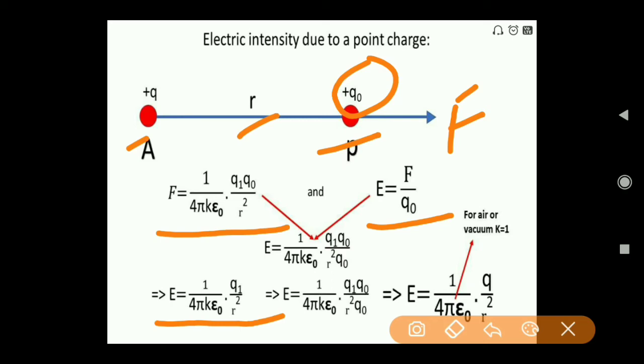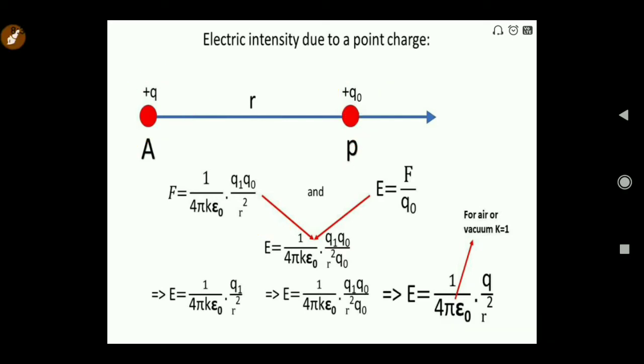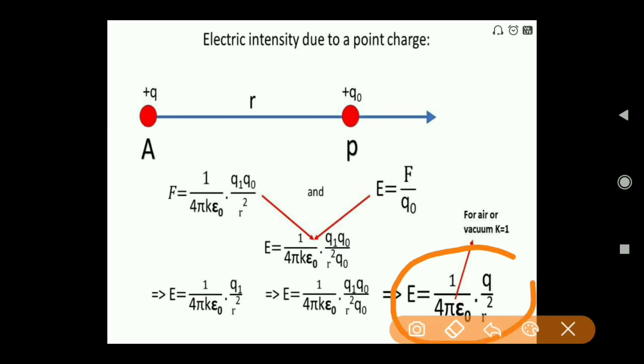Here Q1, that means the first charge, is the plus Q. So after the whole simplification, you will get the final result. Electric field at the point P is E is equal to 1 upon 4 pi epsilon naught K Q by R square, and for air K is equal to 1, that is why we are using 1 upon 4 pi epsilon naught Q by R square. So this is the formula for the electric field intensity due to a point charge.